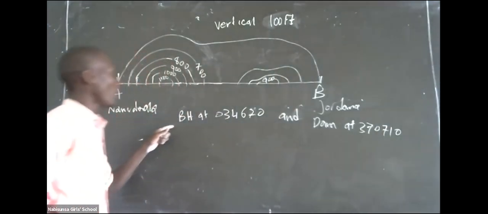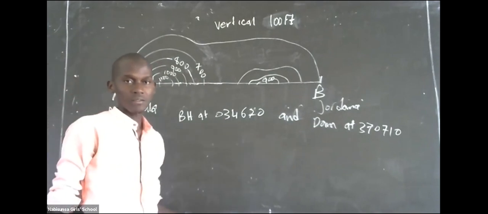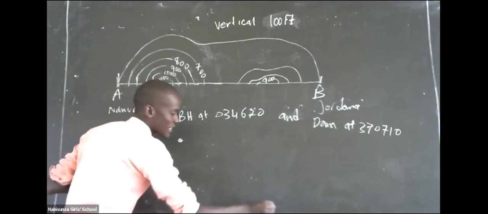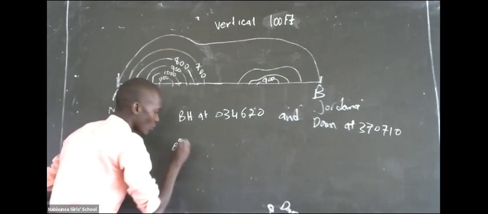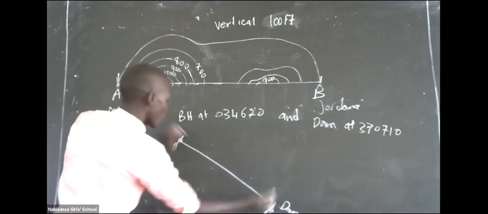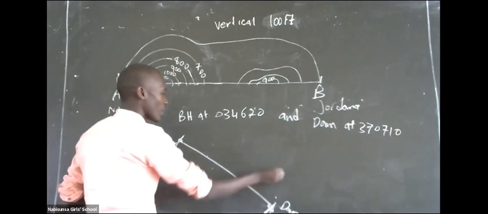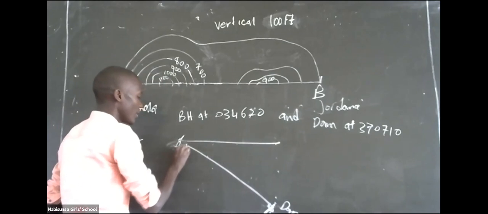Looking at this statement, which point was mentioned first? The borehole point. So even if the dam is here and the borehole is here, on our paper we are going to change it like this. We are going to move this one, so it's going to be borehole, dam.